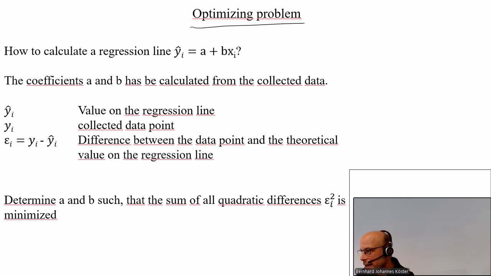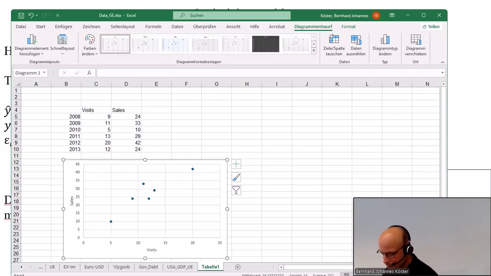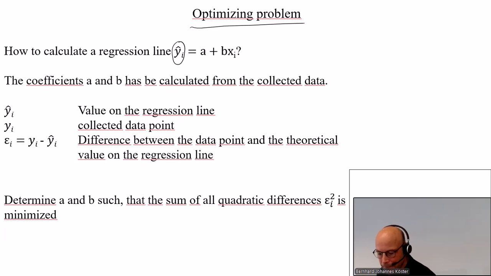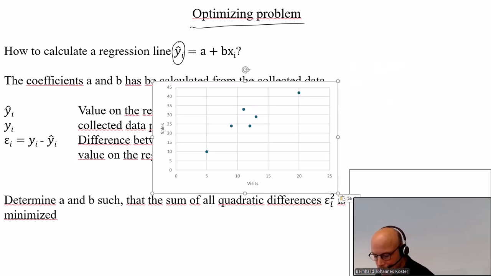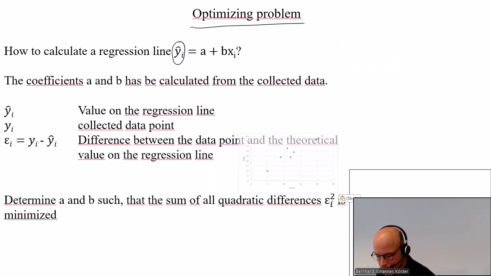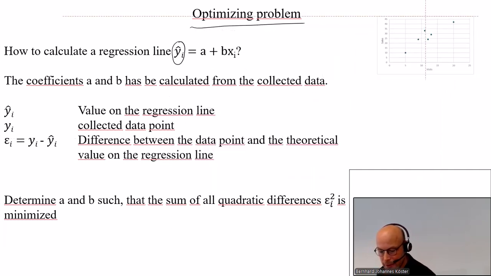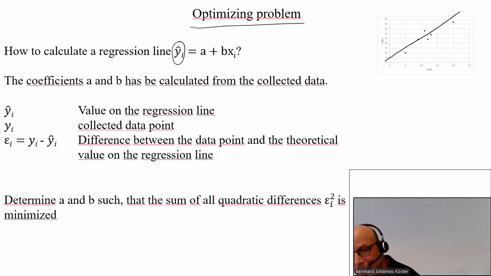So the regression line would be then our hypothetical y value, because let's take this just here. Let's fit some linear line by eye. Maybe this one would be it. Then of course this was, I think, 13.